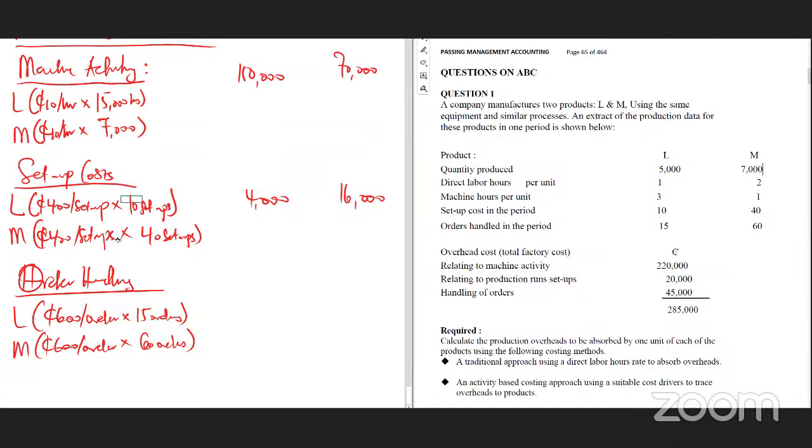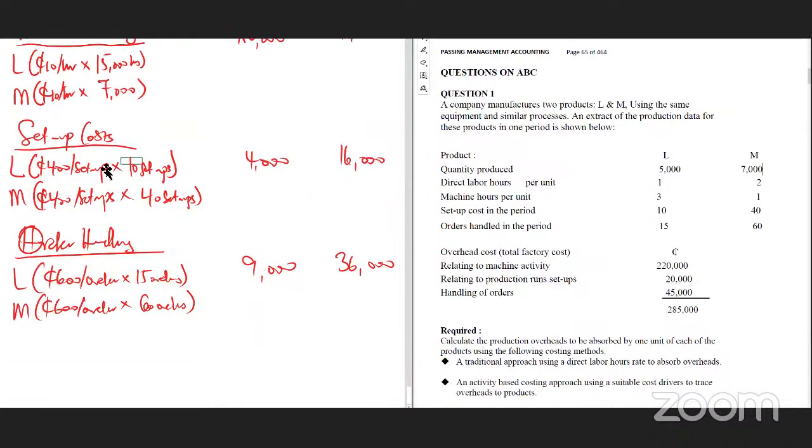That is 9,000 CDs. This one 600 by 60 is 36,000. If you add 9,000 plus 36,000, don't you get 45,000? So this is the total sum, right? These are total costs. So these are total overhead costs for each of the products.